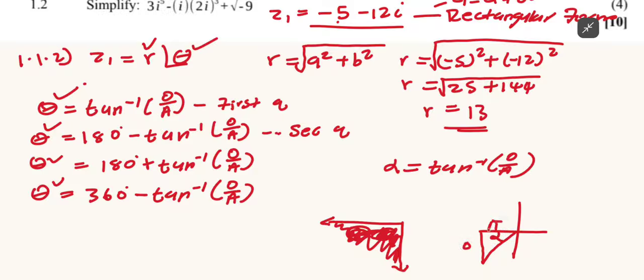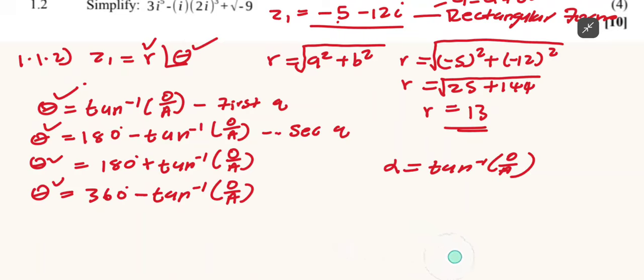That is how we'll have our diagram, with minus 12 and minus 5 on this side. It's called the Argand diagram, but I will make a separate video so that you'll understand the Argand diagram.